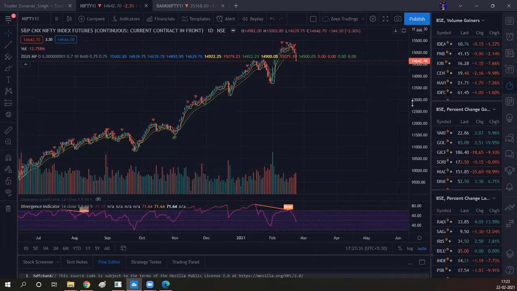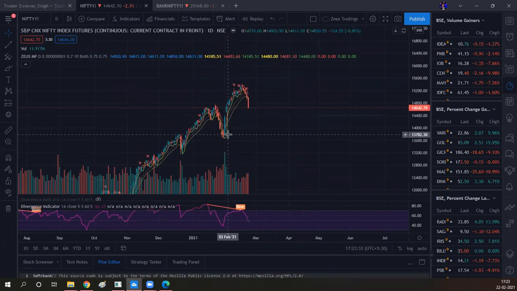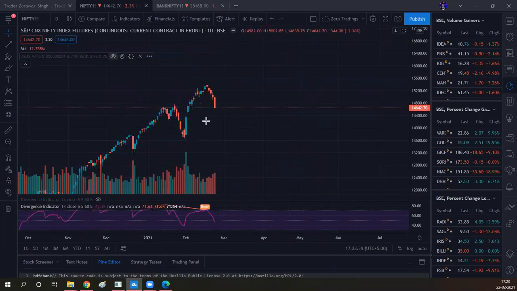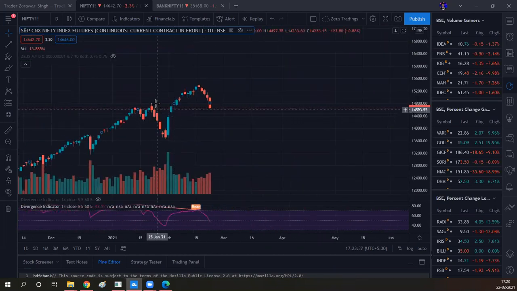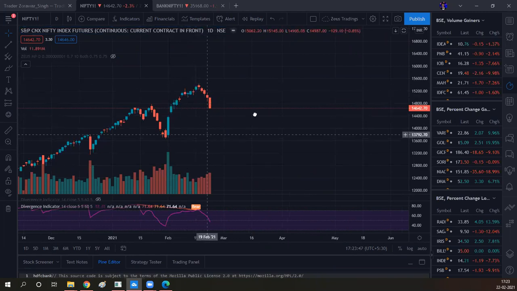Now, just ignore the signals on this because it's not meant for 1 day. In fact, I'll just switch this off. You see how the market will always try and push itself further ahead before it will try and take a reversal. Even in this case, it pushed itself further ahead before taking a reversal.